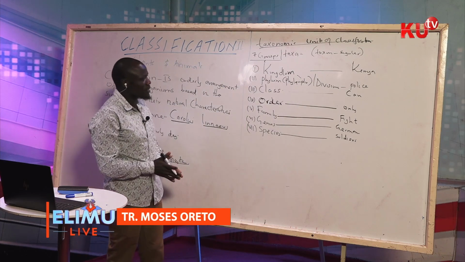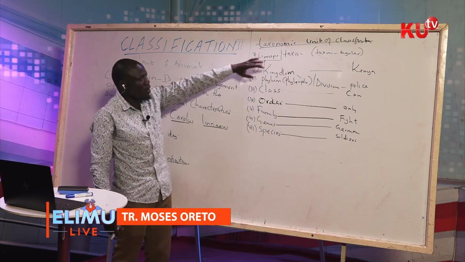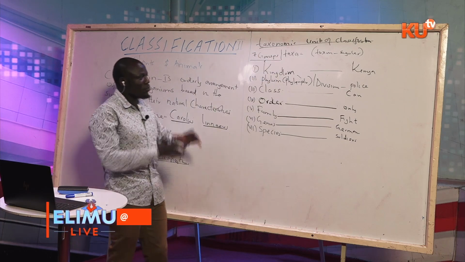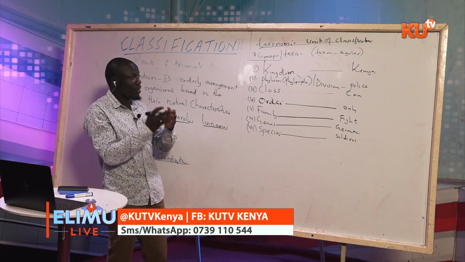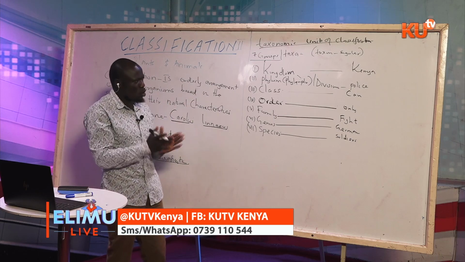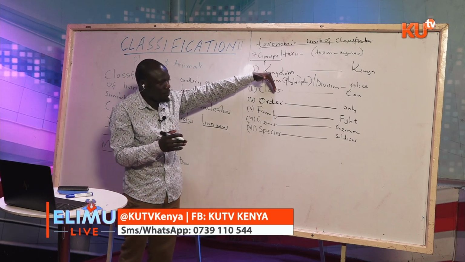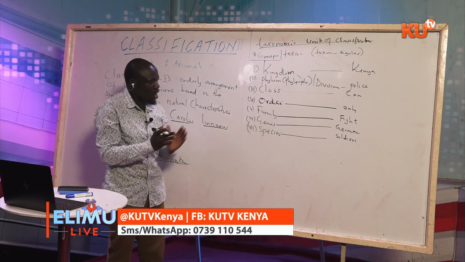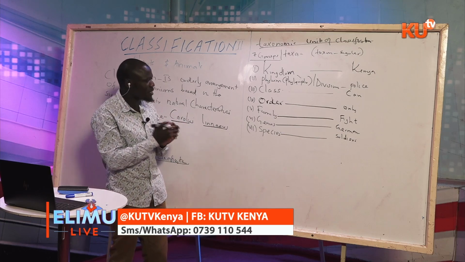So for this case, we have the kingdom as the largest one, where most of the organisms are placed, though they don't share most of the similarities or characteristics, but that is what was there, and that is why we are able to come up with some units downward, so that we can classify these organisms in a better way.